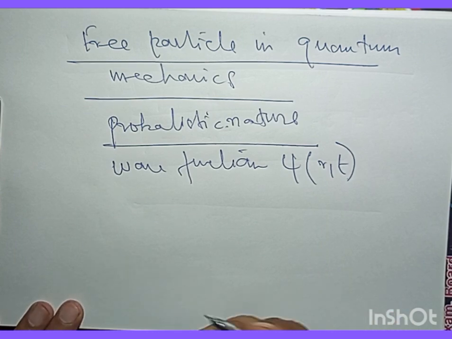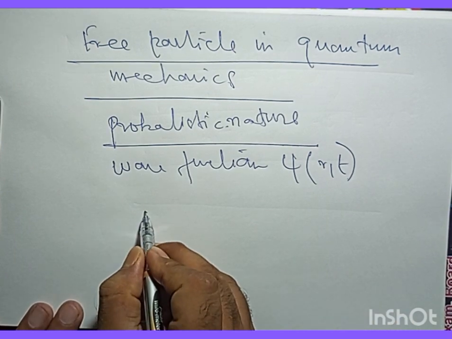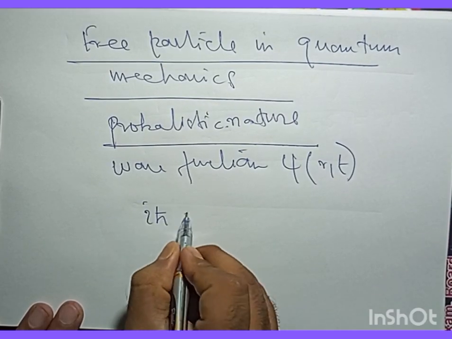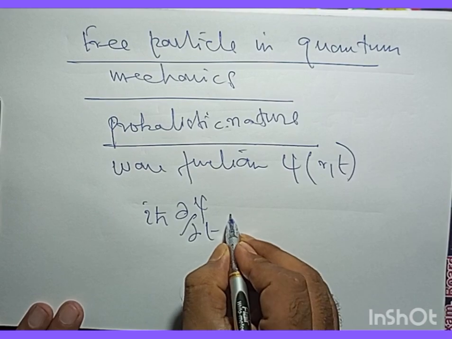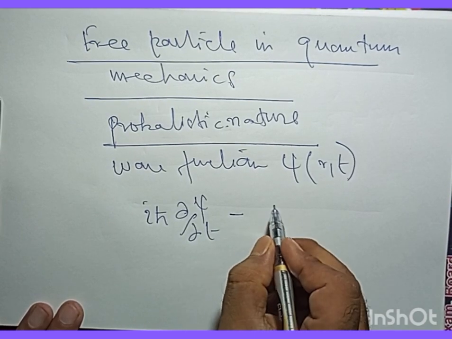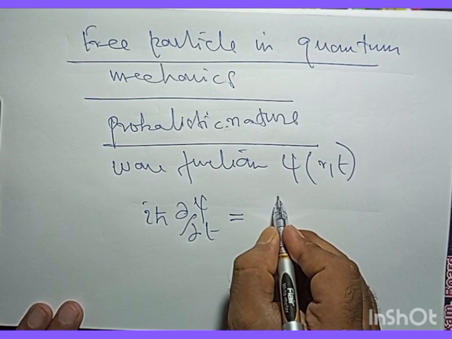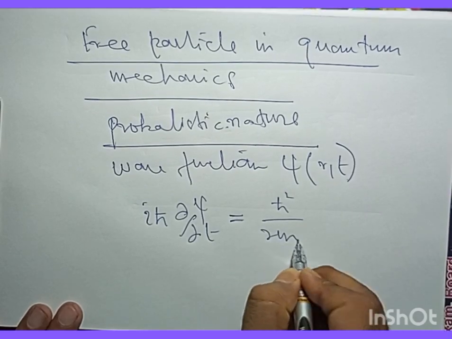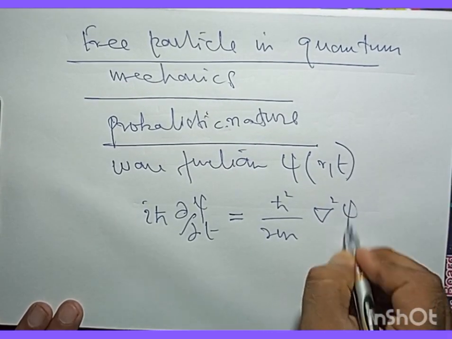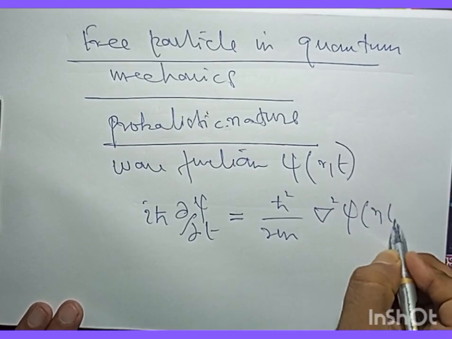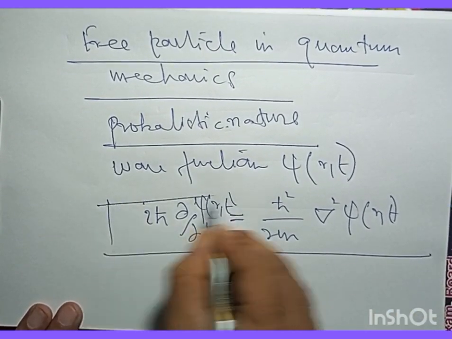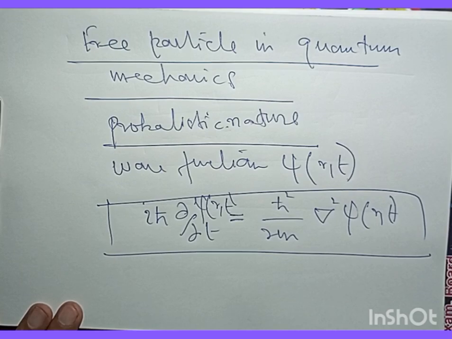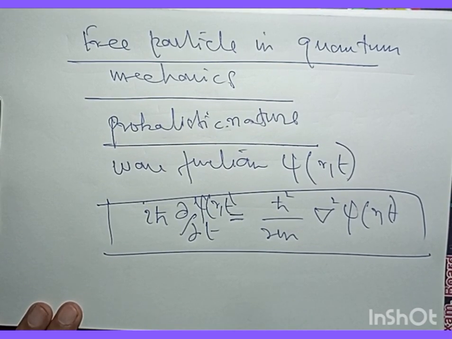If I have to write it, it is i h cross dou psi by dou t equals minus h cross square by 2m del square psi, as a function of r and t. So this is my time-dependent Schrodinger's equation, and this equation is there for a free particle.